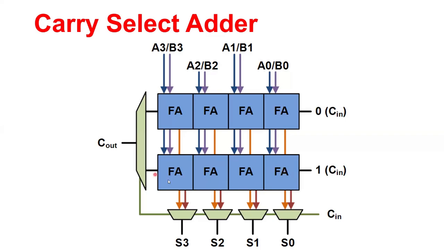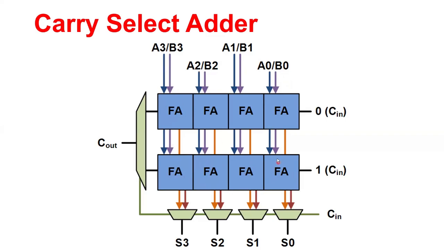So two carry ripple adders. You see that A naught, B naught are inputs to the top stage, and also these lines coming down become an input to the bottom stage of carry ripple. Similarly, A1, B1, A2, B2, and A3, B3 are inputs to both the top and the bottom.